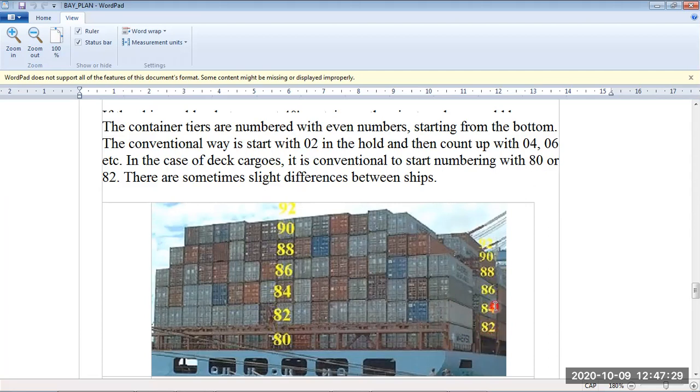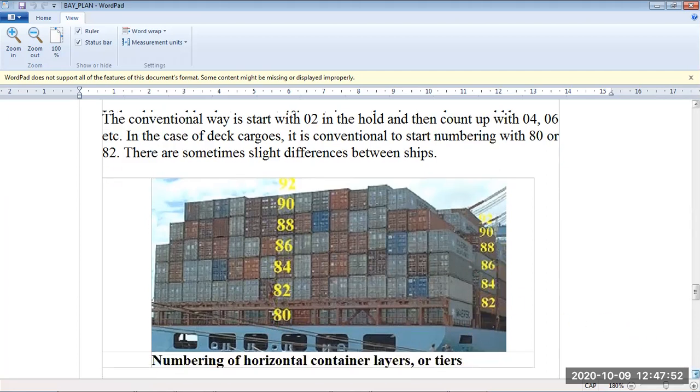On the poop deck, if you have a space, you have 80 also. Container tiers are numbered with even numbers starting from the bottom. The conventional way is 02 from the hold and count up. For deck cargoes, the conventional number is from 80. So the main deck or poop deck is 80, and above the cargo hold it starts at 82.